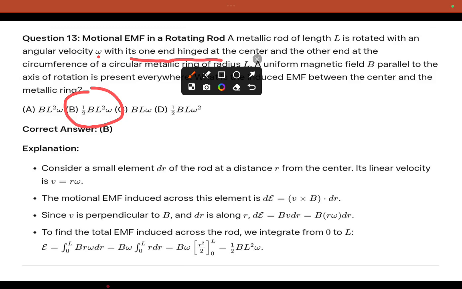Consider a small element dr of the rod at a distance r from the center. Its linear velocity v equals omega r.